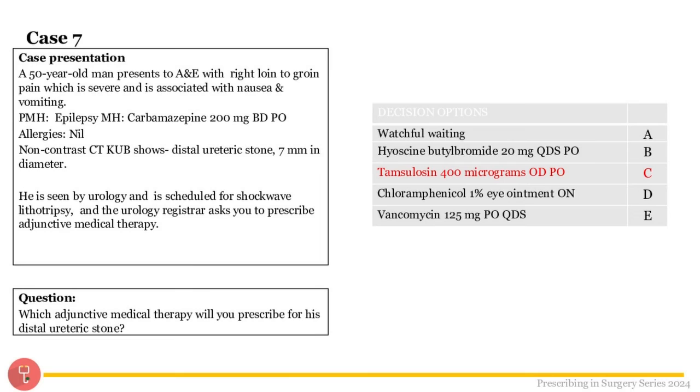And in the BNF, they mentioned not to offer antispasmodics to patients with suspected colic. So C is the correct answer. The reason why it's not D is because chloramphenicol is used for conjunctivitis, and the reason why it's not vancomycin 125 milligrams QDS is because it's used for C. difficile infection.